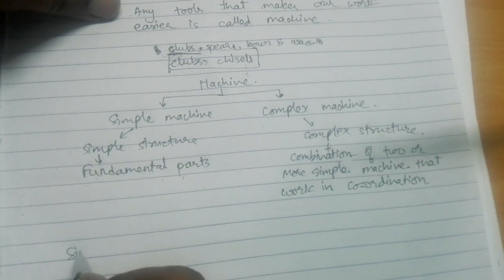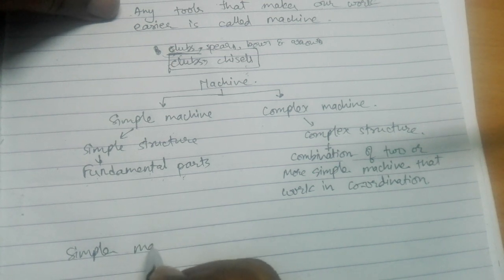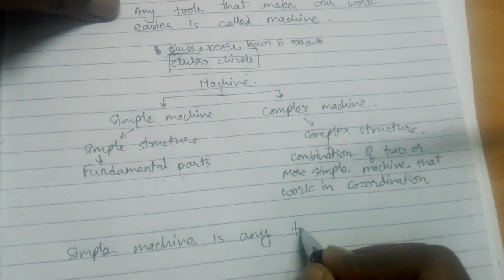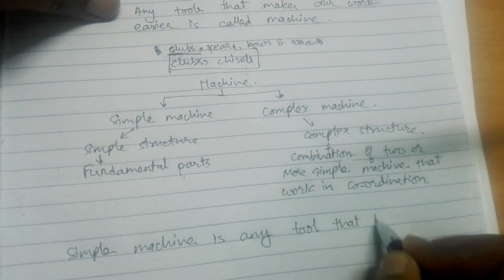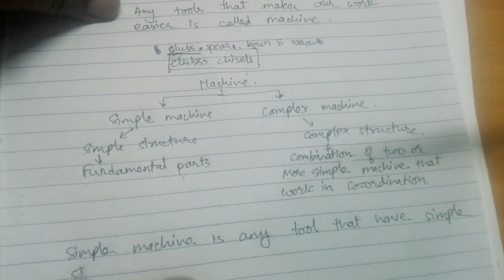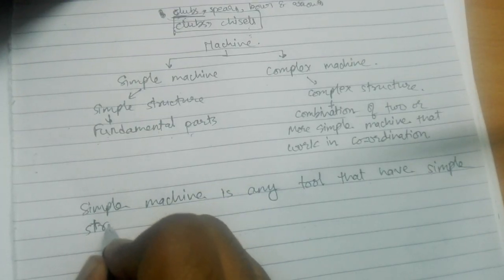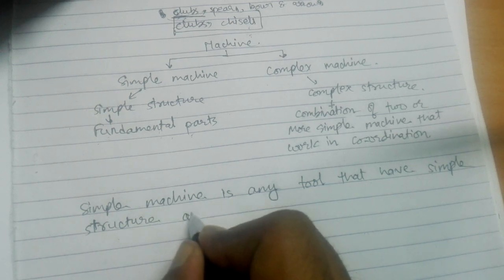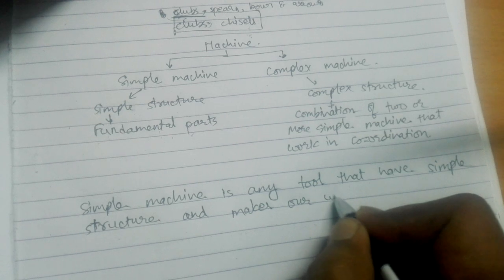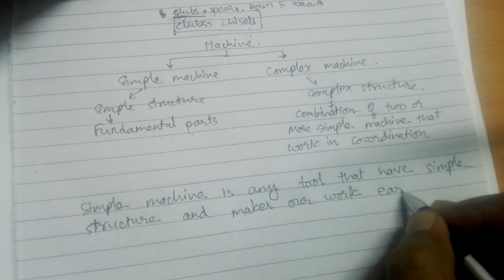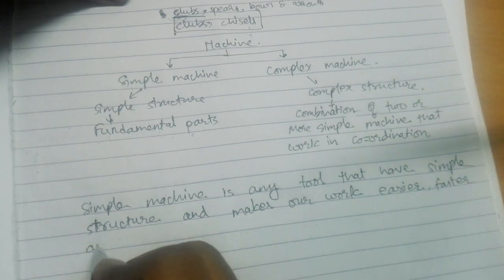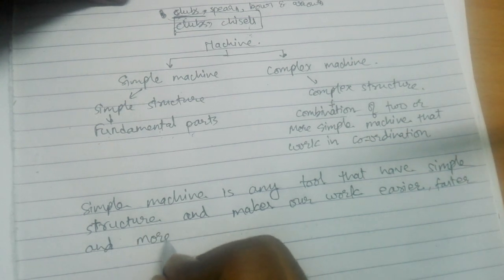If you have to define it, a simple machine is any tool that has a simple structure and makes our work easier, faster, and more convenient.